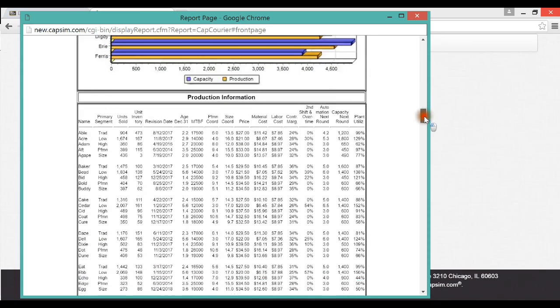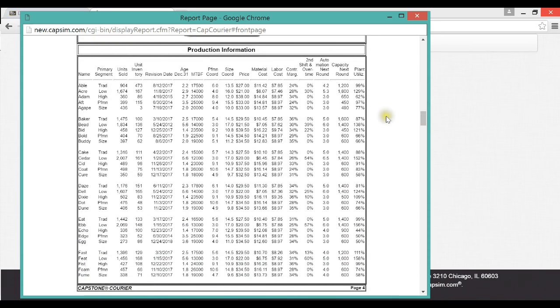If we scroll down a little further to production information, this, in my opinion, is the most important piece of the Capstone Courier for your decision making, because you get to see all 5 product segments, and you get to see all 5 product segments for your competition as well.